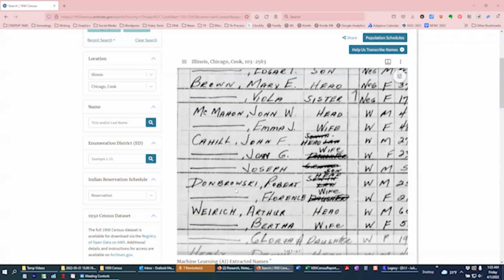But they were their own individual households. So they got crossed out, and my grandfather became the head, Joan became the wife, my dad became the son, and then same here, Robert became the head and Florence became the wife. So if I didn't already know these relationships, this would have been a nice find, a happy mistake, but I already knew that.